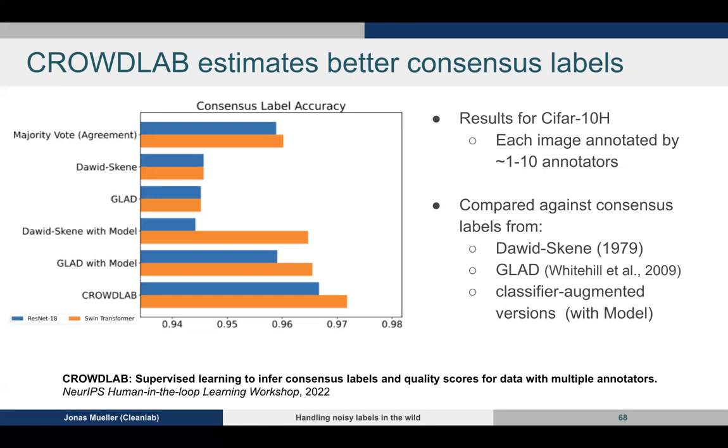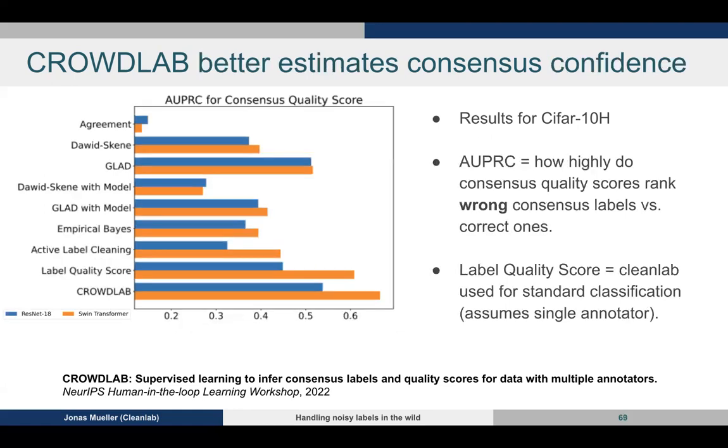Okay. So here we also evaluate how good this approach is at estimating the quality of these consensus labels. When I say quality, I mean if we sort all the data by the quality score for the consensus label, and then we measure how highly ranked are those consensus labels that were actually incorrect versus the true label, versus the consensus labels that were correct versus the true label.